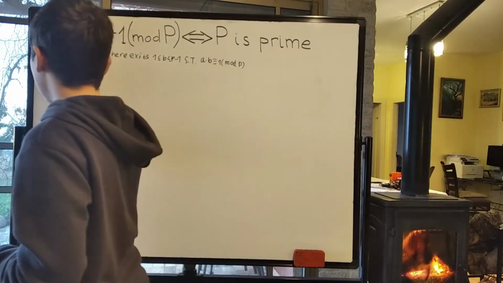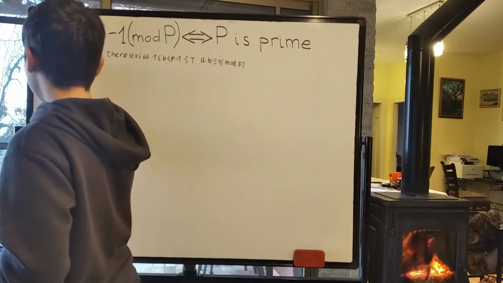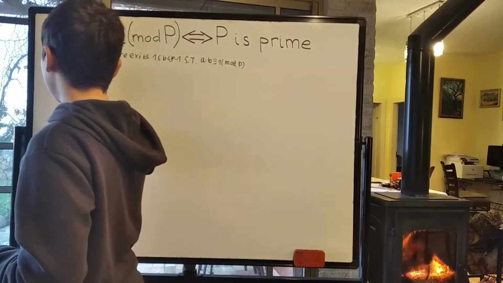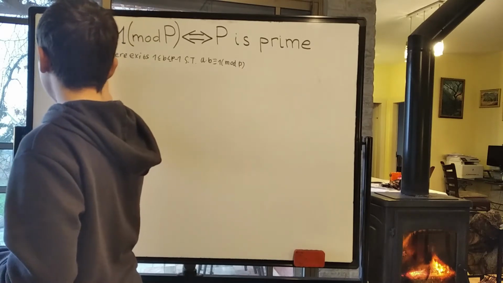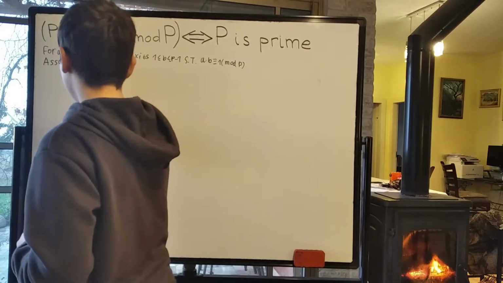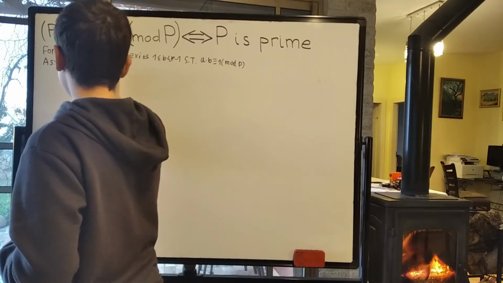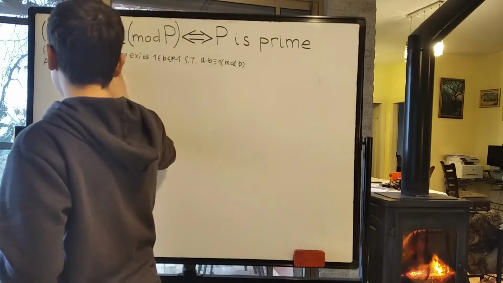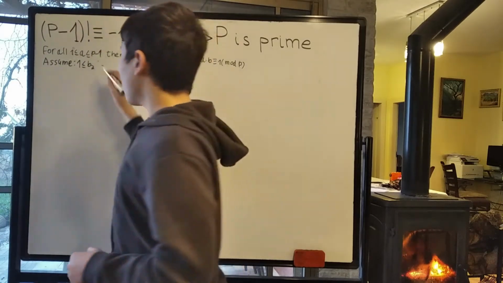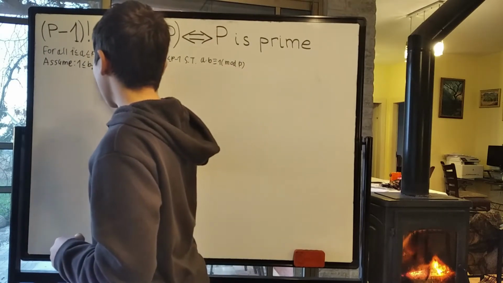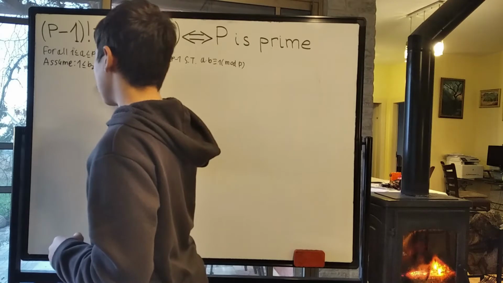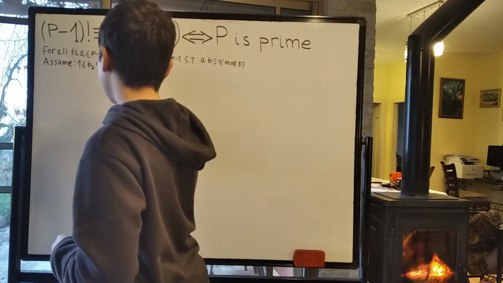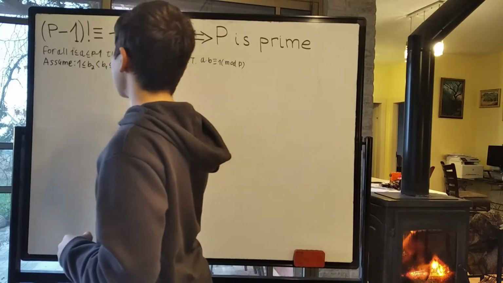So we'll assume that we have two numbers, b2 and b1, where b1 is bigger than b2, and they're both between 1 and p − 1.